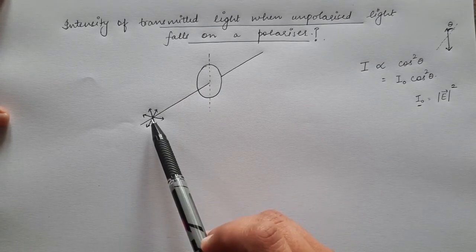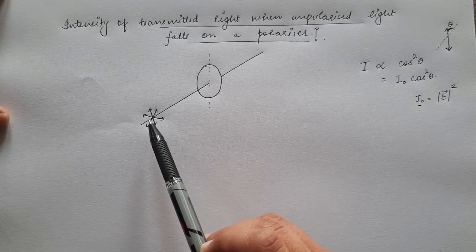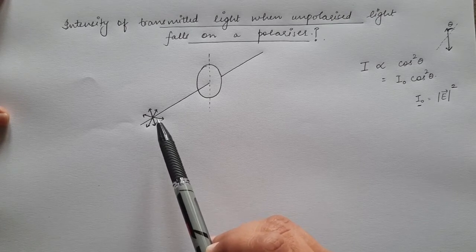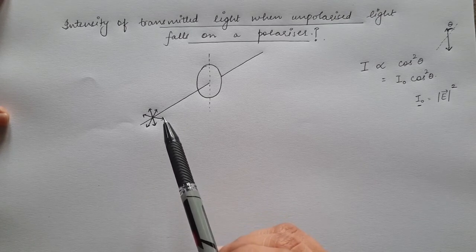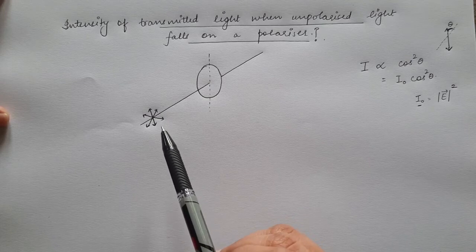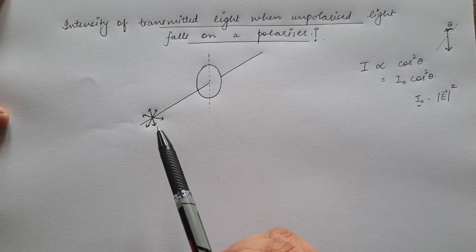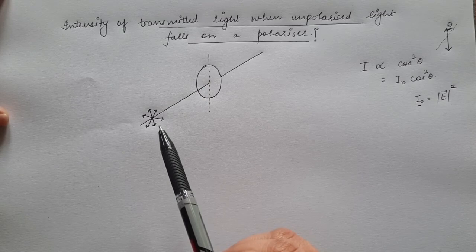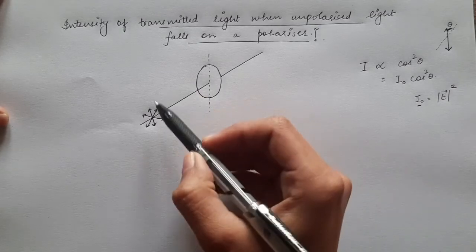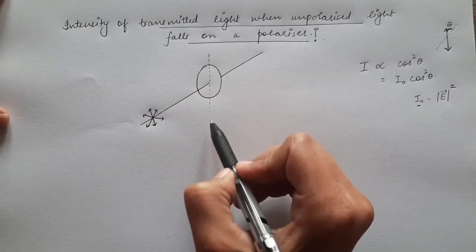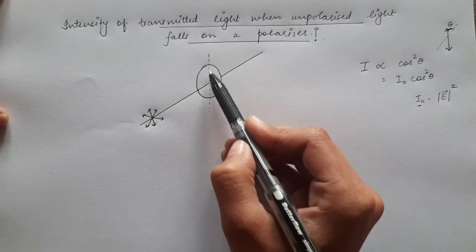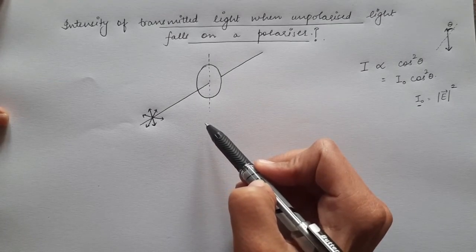Now what is unpolarized light? In the case of unpolarized light, the vibrations of the electric field are in all the directions and they occur randomly. So what happens when unpolarized light falls on the polarizer? Now this is the polarizer and this is the transmission axis of the polarizer.